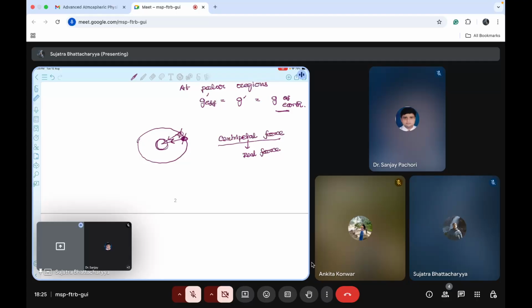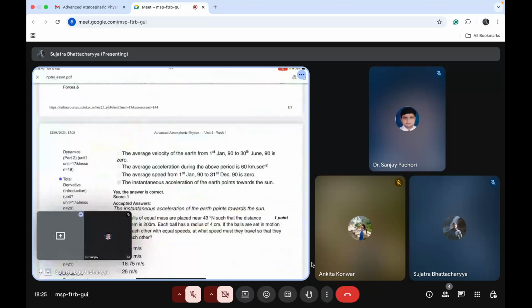That's all. That is the difference. So if you look at all the options, you will see that the most definite option is that the instantaneous acceleration is always towards the center, that is, towards the Sun. That's all. No need to go to any other options when you have seen that this is the most genuine option.